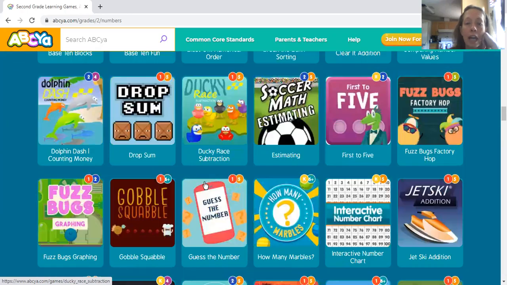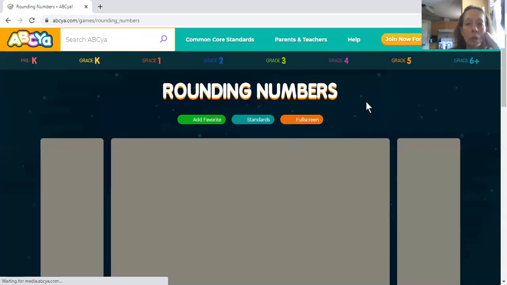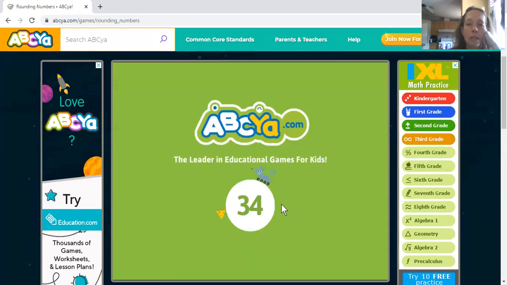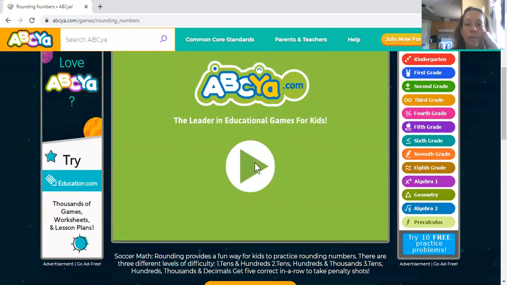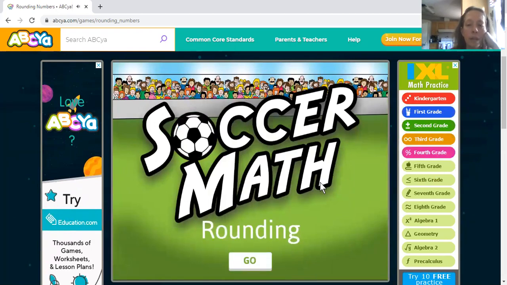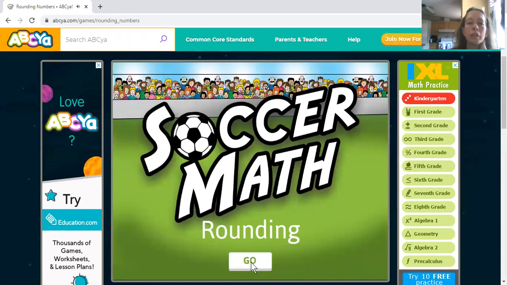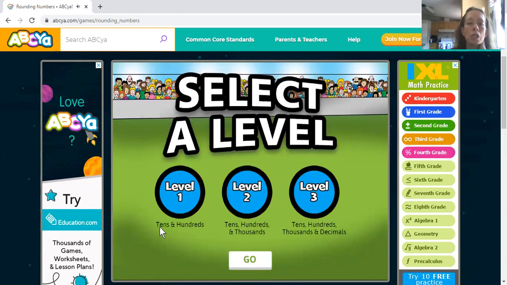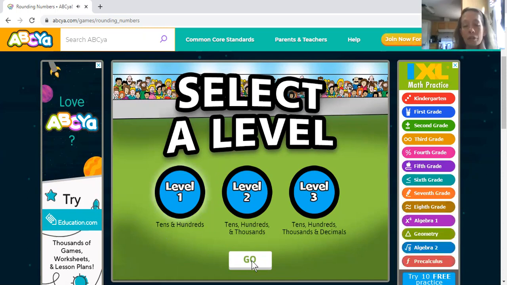And the one we're looking at today is rounding. So here we go. Let's pull it up and listen to the music. See what it does. There it goes. Soccer math, rounding. Go, select a level. We're going to do tens and hundreds today, but we can do any level.